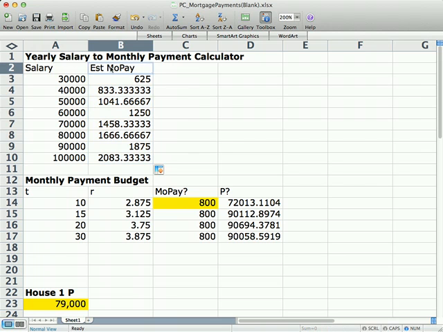So this is my estimated monthly payment that we could afford. If you earn $30,000 a year, theoretically you can afford $625 a month, whether that's an apartment or a mortgage.